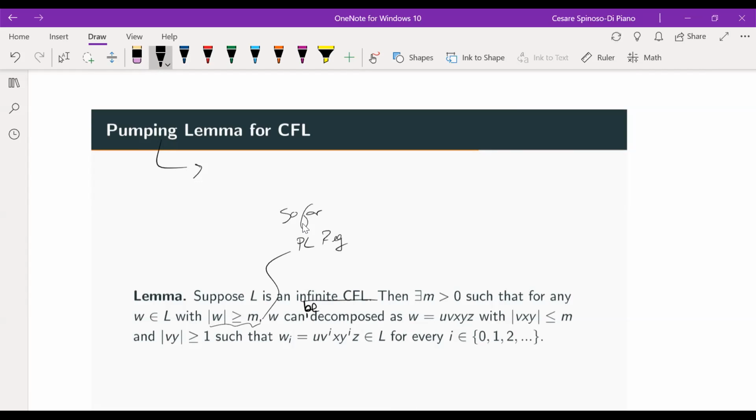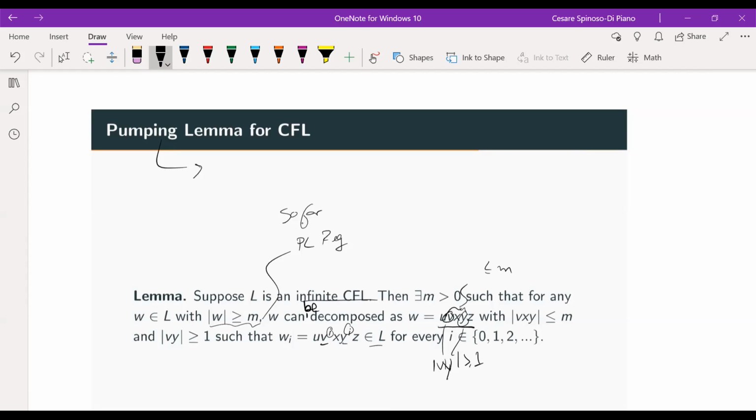It gets a bit complicated in the next part. w can be decomposed as u, v, x, y, z, so into 5 parts instead of 3 parts, where these 3 strings have length at most m, and these 2 have length at least 1. You have that decomposition such that if you pump up or down the 2 v's and y's with the same i's, then for all the i's, that should be in L. That's what the statement is saying.